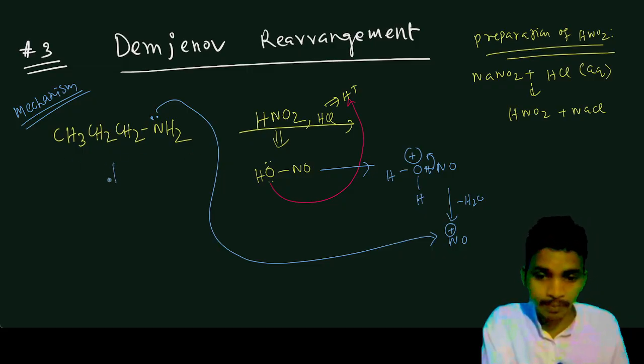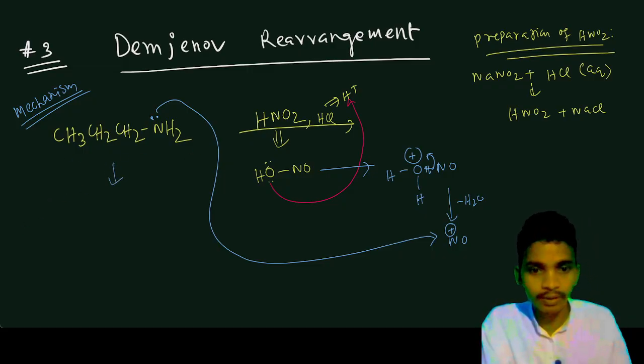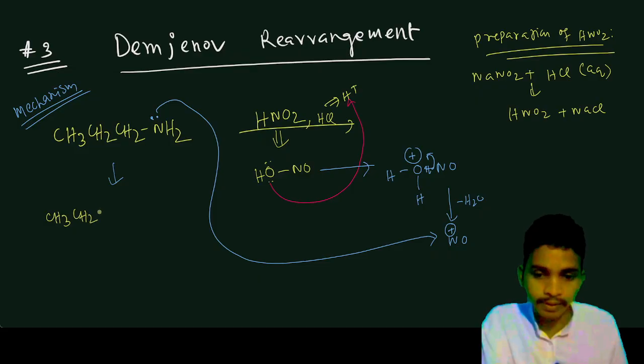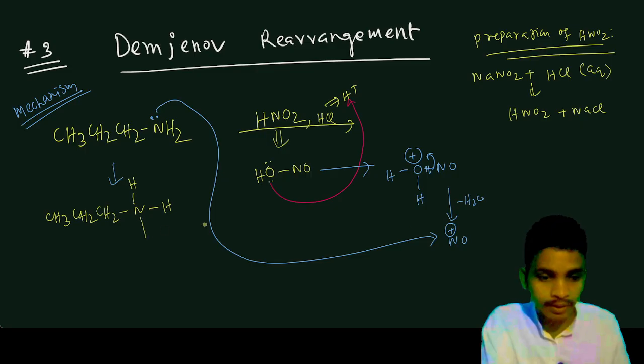So what will happen here? This is CH3 CH2 CH2 here, with hydrogens, and one lone pair attacks this NO, and NO is written like this. Since this lone pair has attacked, this nitrogen gets the positive charge.